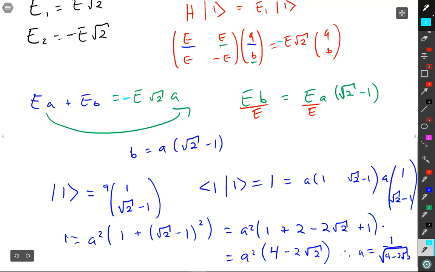So I have a minus here, which means that both of those are negatives. And so when I do this one, state 2 is equal to a1 minus root 2 minus 1.